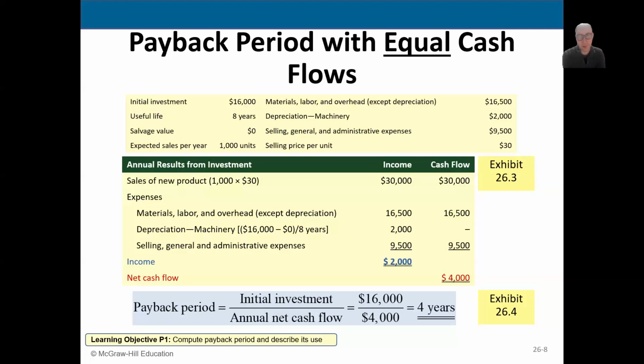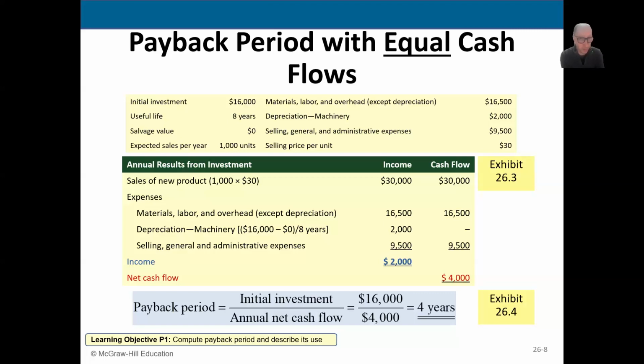You'll notice that depreciation is not cash based. The reason why is because we don't pay cash for depreciation. Depreciation is representative of the value of the machine going down every year.